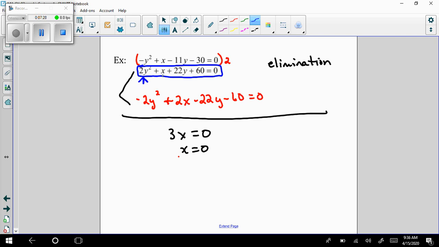So if I substitute x here, I get 2y squared. That's a 0, so plus 22y plus 60 equals 0. And now I'm factoring. So greatest common factor is 2. Always look for a greatest common factor first.